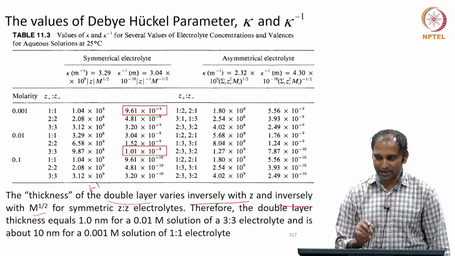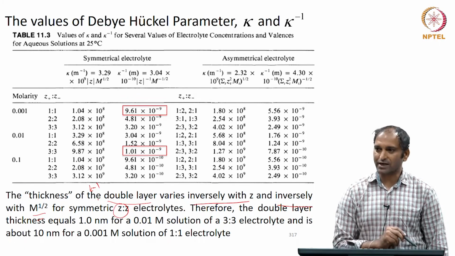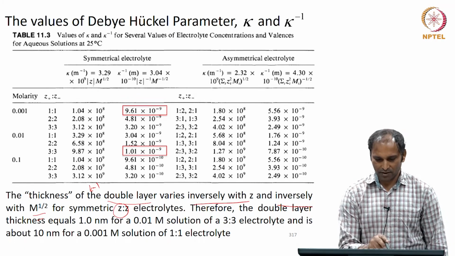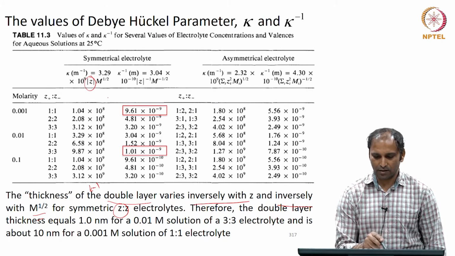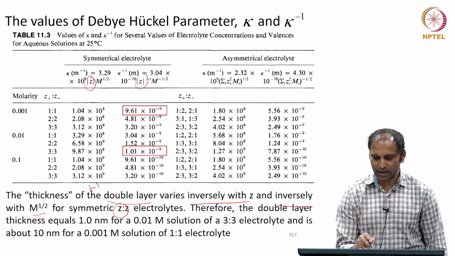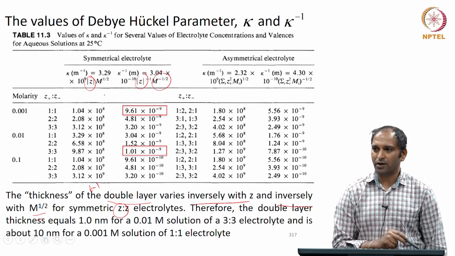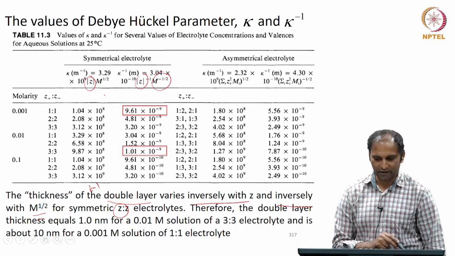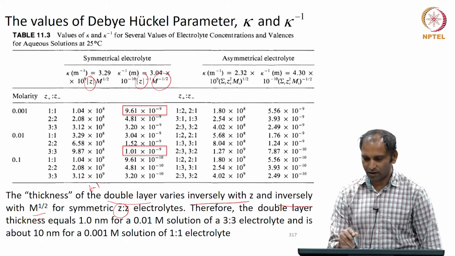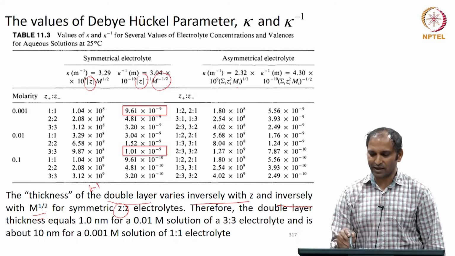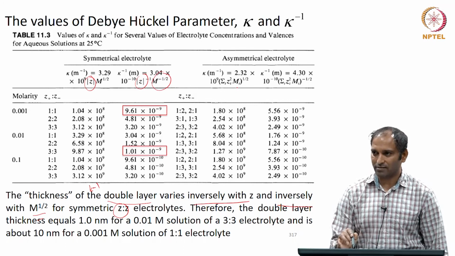Again, I can make this statement only for z:z electrolyte. Kappa inverse goes as 1 over z and M to the power minus half, but for a non-symmetric electrolyte it is a little bit more complicated.